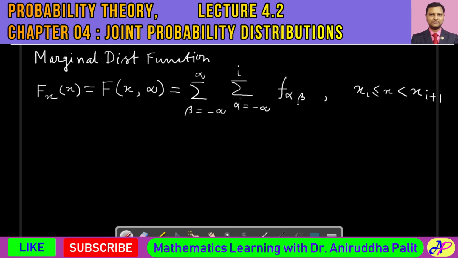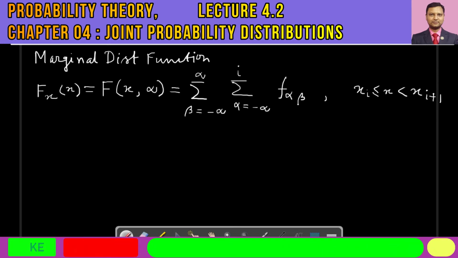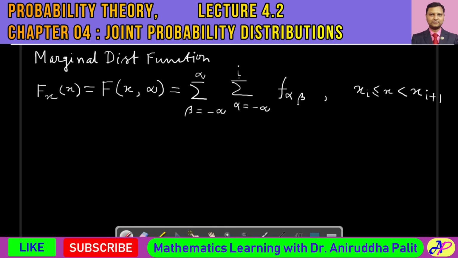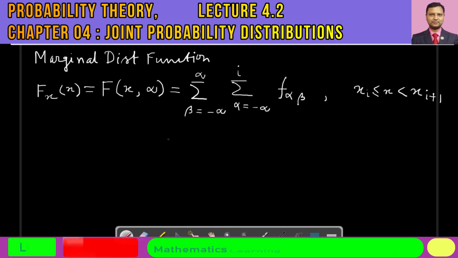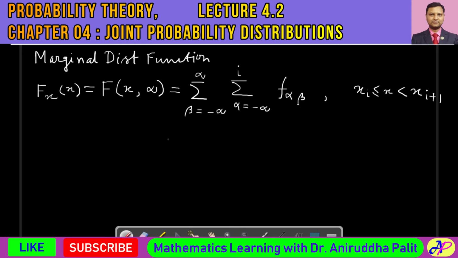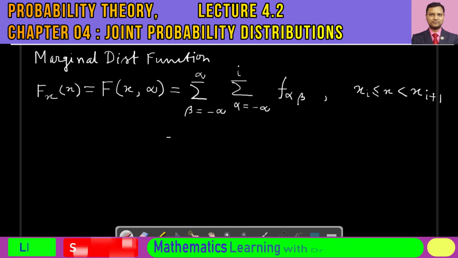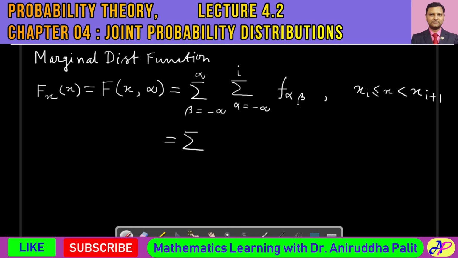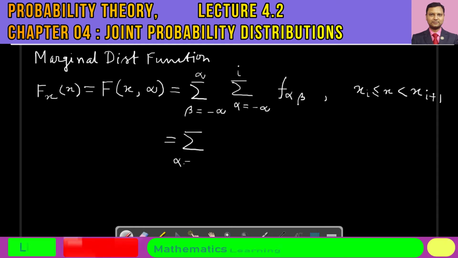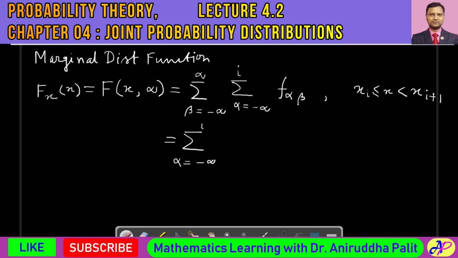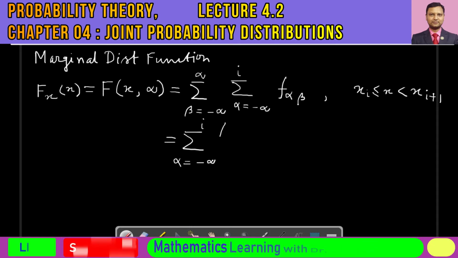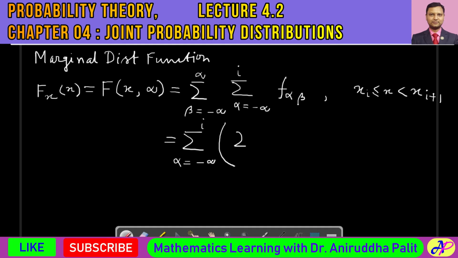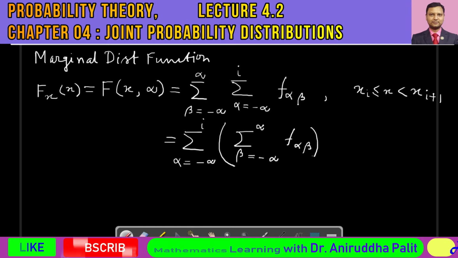And you can see over here, this can also be written in this fashion. You can now interchange the positions of alpha and beta. You can write it in this way: summation alpha equal to minus infinity to i, and within the bracket let me write summation beta equal to minus infinity to infinity f alpha comma beta.